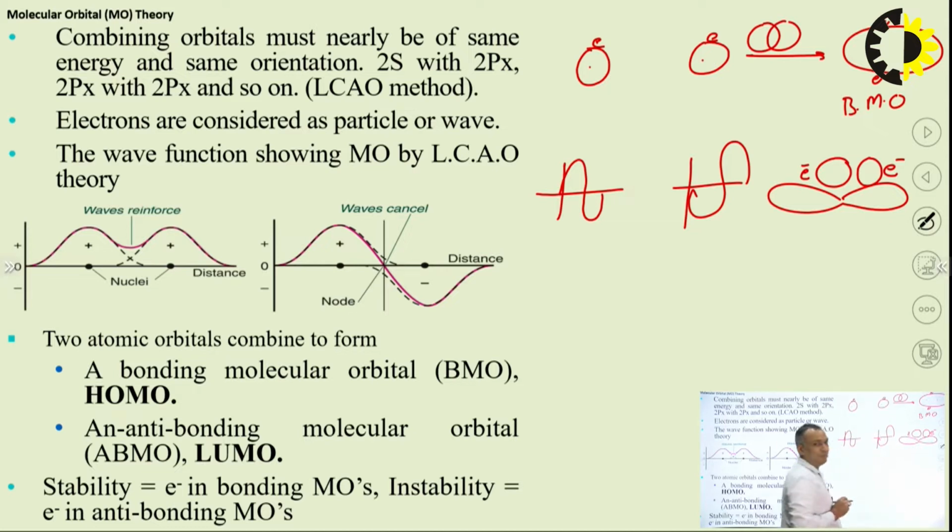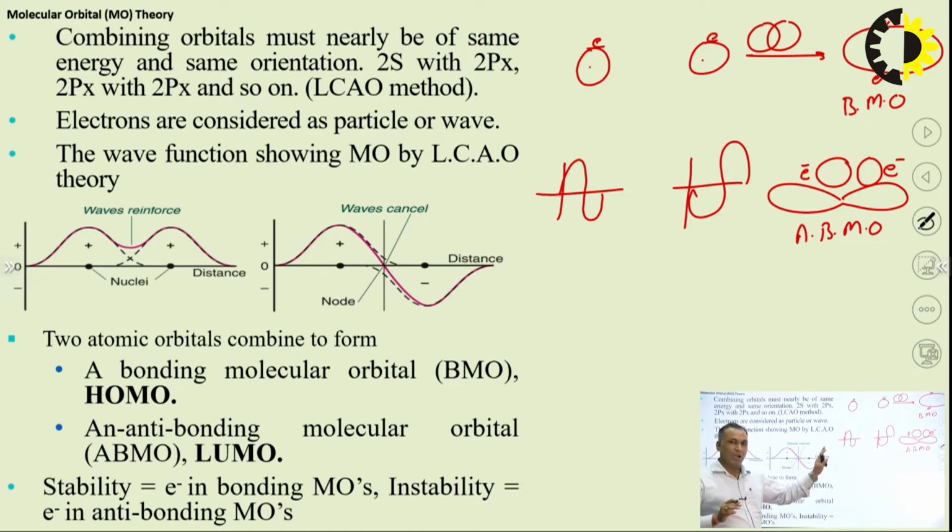This type of molecular orbital is named ABMO, the antibonding molecular orbital. All this we will discuss in the linear combination of atomic orbitals.